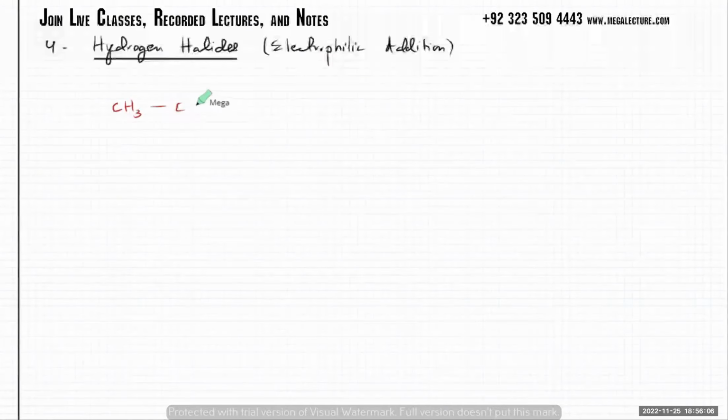So you're going to have a double bond, C and H and H, and the reaction will be with, let's say it's with HCl.